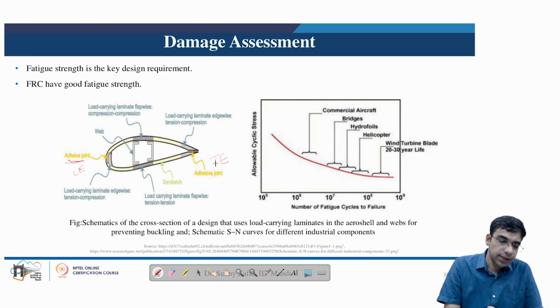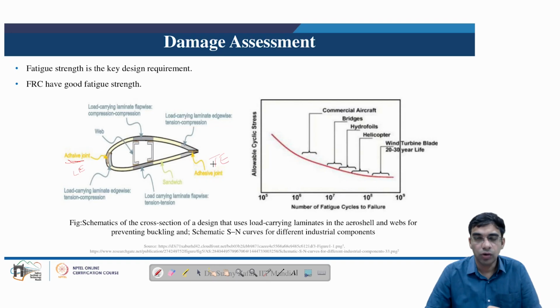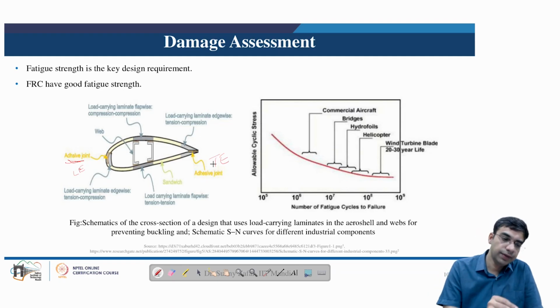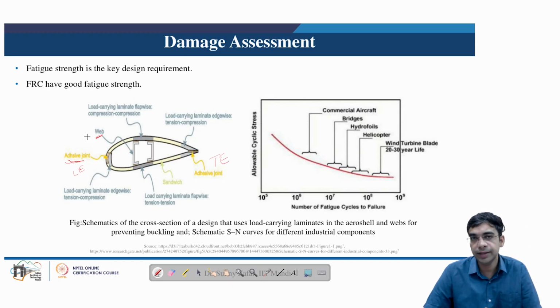Other than this, there can be load carrying laminates which can be in tension or compression, and there is also a sandwich between these layers and these webs which are providing the core to the wind turbine blade, thereby enhancing its strength.